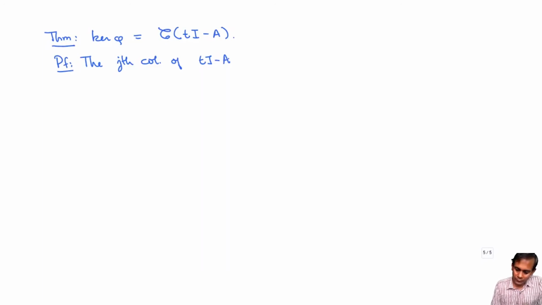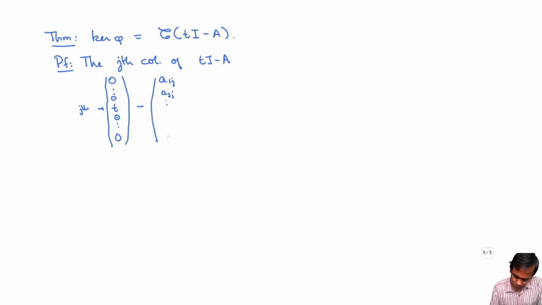If you think about it, you have t times I, so its jth column is 0, 0, 0, and then there's a t in the jth place, and then again it's zeros. So there's zeros everywhere except a t in the jth place. And then you have to take minus A. So that's just the jth column of A: a1j, a2j, up to anj.